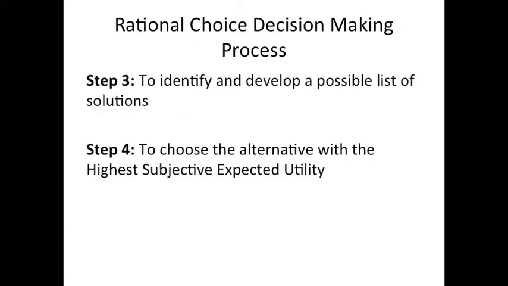Step 3 requires that we identify and develop a list of possibilities. After consulting proper parties that can provide the most accurate and effective information to formulate a strong list of possibilities, it's important that we evaluate exactly what those possibilities are using the information that we have gained.